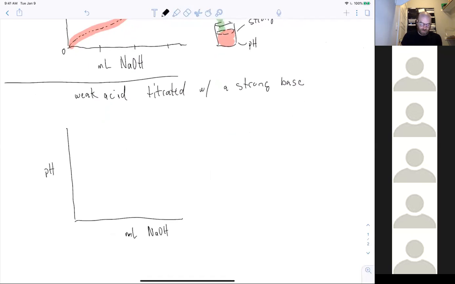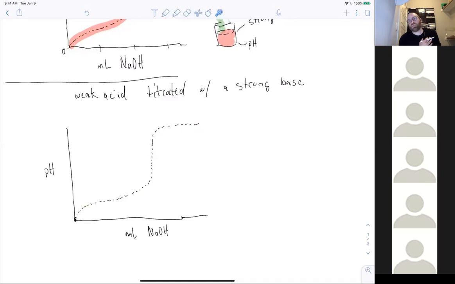And you're starting out at a very low pH down here, somewhere around 0. And the curve is going to take a similar shape. It's going to be sigmoidal. So a sigmoid looks like this. It kind of looks exponential in the beginning, and then it levels off.